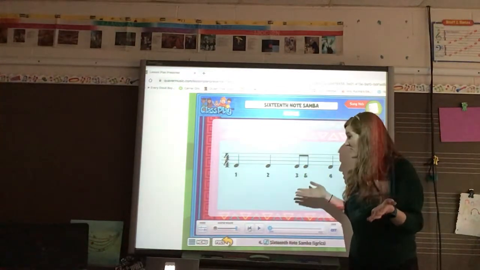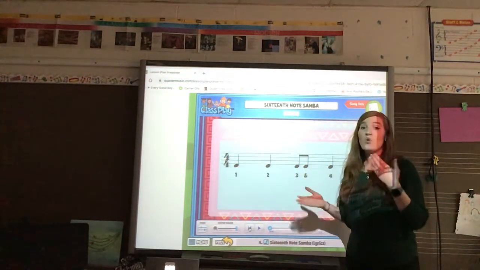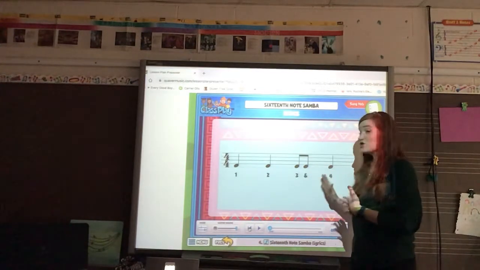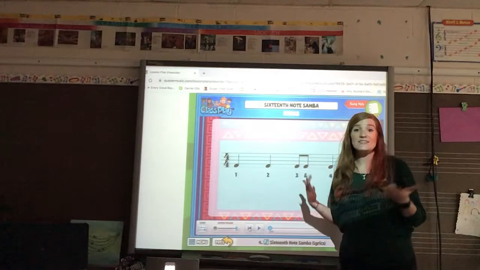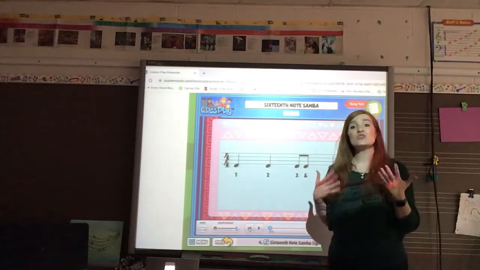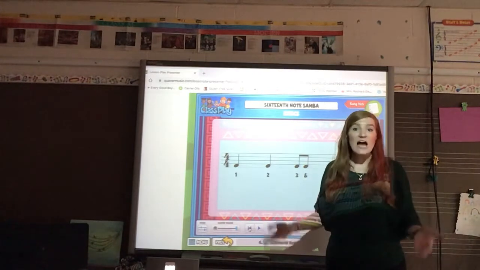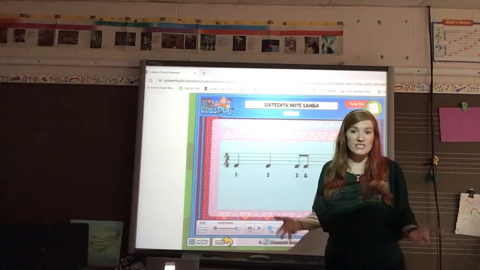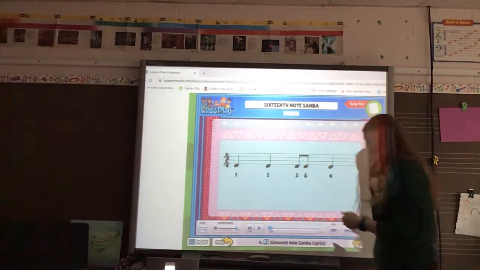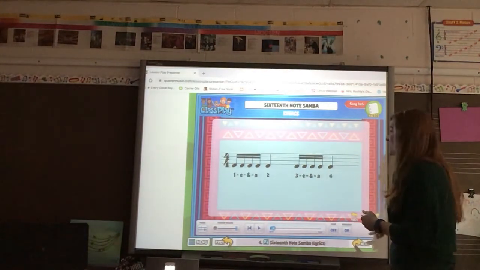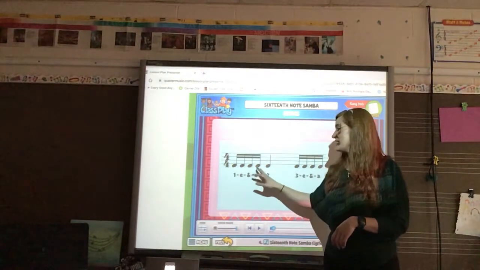The counting for this is 1, 2, 3, and 4. So we're used to using tas and titis, but you can also count it. So if you would like to try counting it, you can count it with me. I'm going to help you count it this time. When we get to tika tikas, they go 1 E and a.